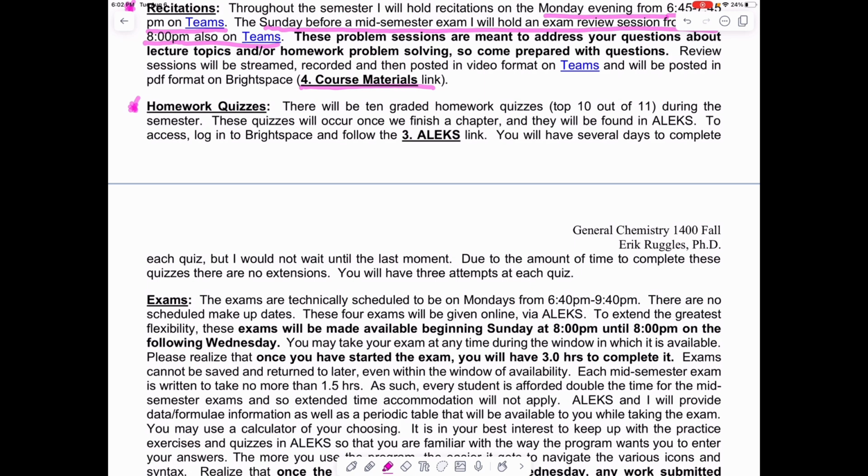With the quiz, you can start it, you can stop it, you can then restart it. There's no time limit except for the due date and the due time during that date. So you have basically a week to get that done. You have 3 attempts to get the question right for each part of the quiz.